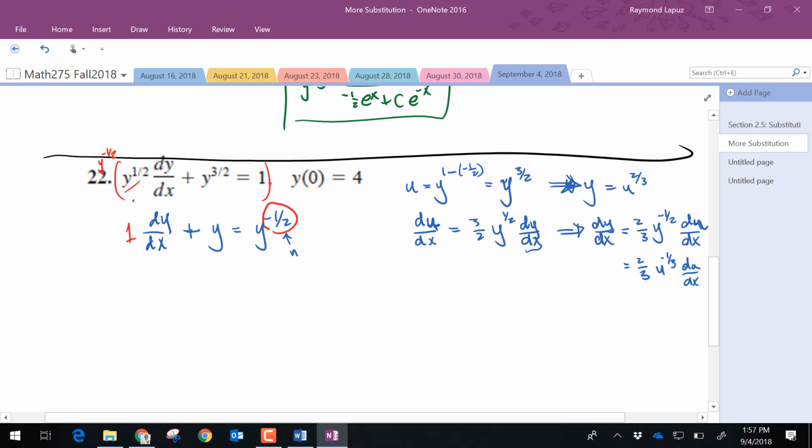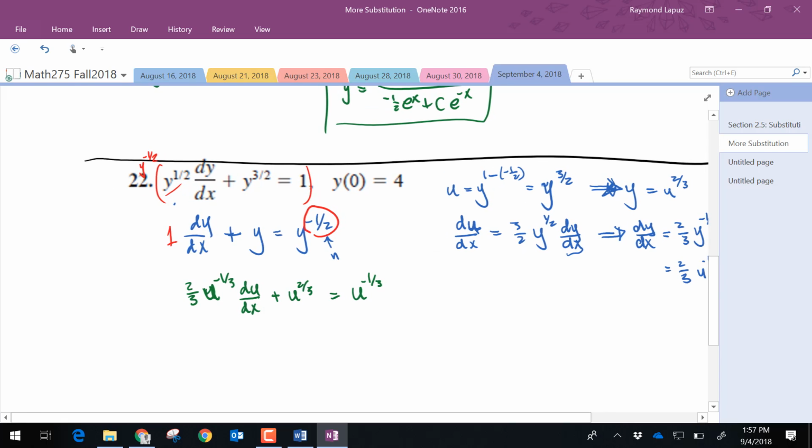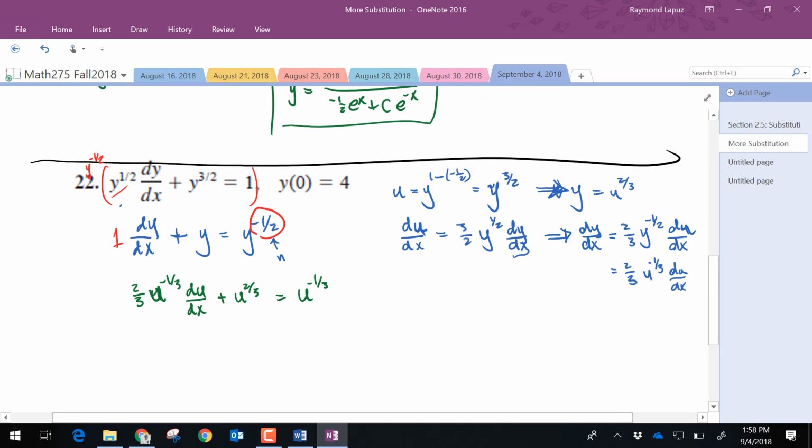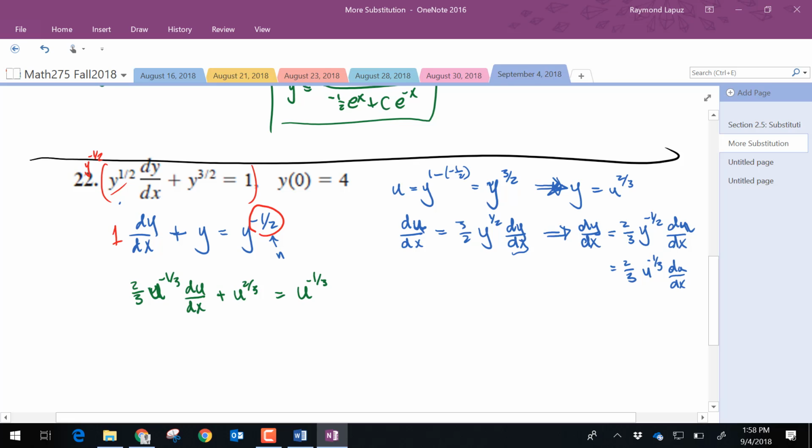Now plug it back in. So dy dx is 2/3 u to the negative 1/3 du dx plus u to the 2/3 is equal to u to the negative 1/3 again, right? Because that's what we have to replace. We have to replace y to the negative 1/2, which happens to be here.